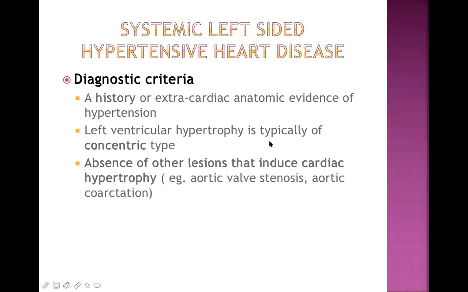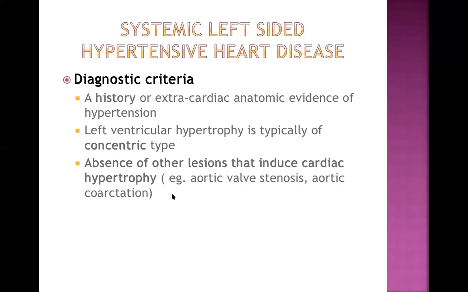Second, left ventricular hypertrophy is typically of concentric type. Absolutely important point. I already told you this is a pressure overload condition, and in pressure overload condition, the hypertrophy is of concentric type. That means it is growing towards the chamber of the left ventricle. Ultimately, it will make the left ventricular chamber narrow.